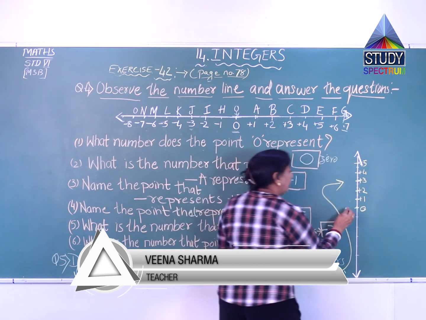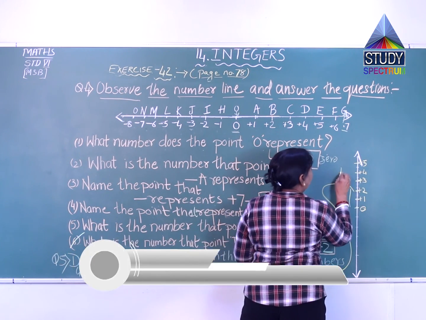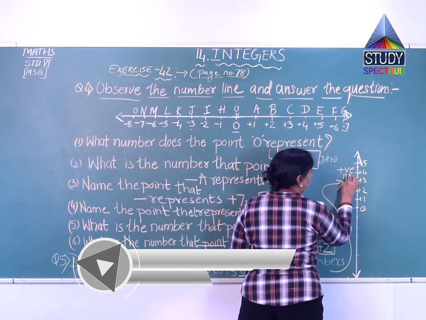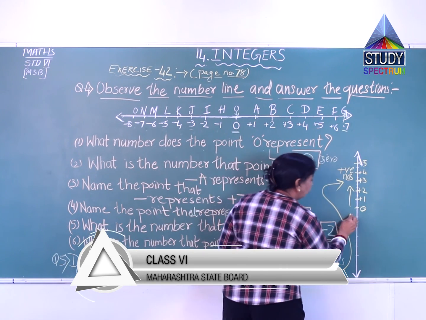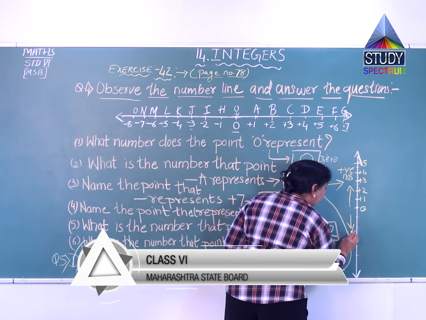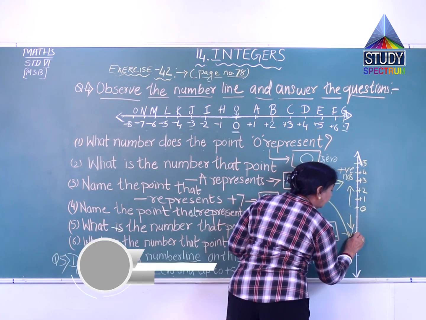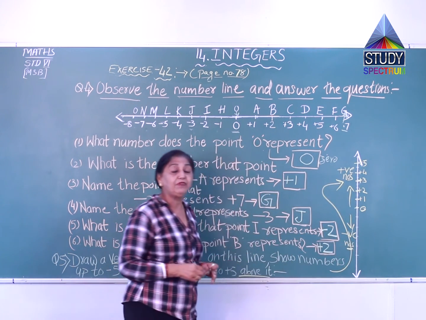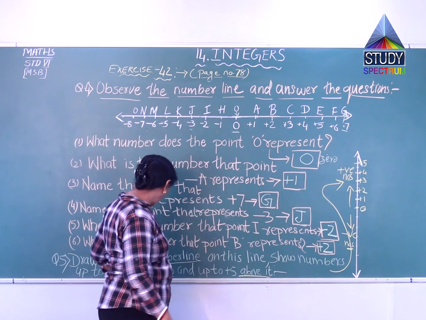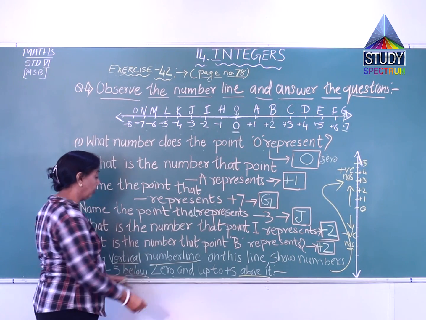So always when the numbers are up, that will be positive numbers above the origin, and below the origin there will be negative numbers. So all the negative numbers I'll plot below 0.